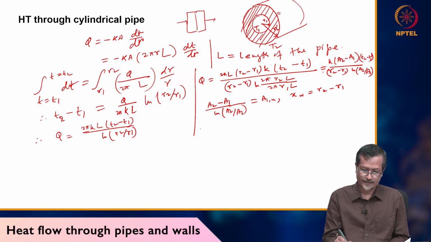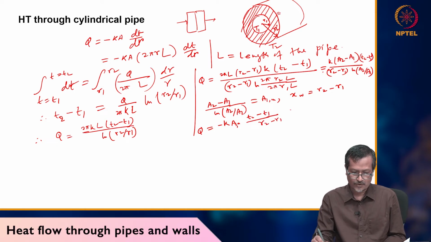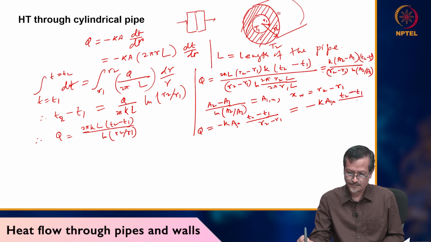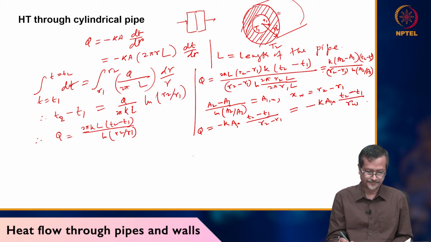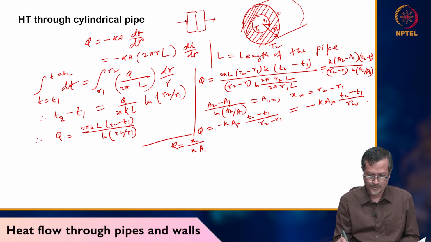This will give Q equals K A1m (T2 minus T1) over (R2 minus R1), or minus K A1m (T2 minus T1) by xw. And here R equals xw by K A1m.